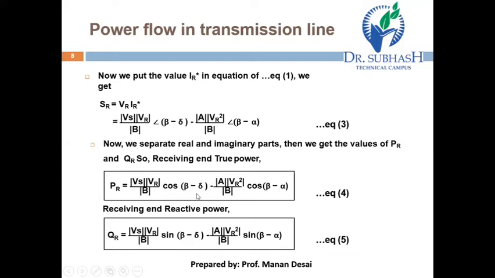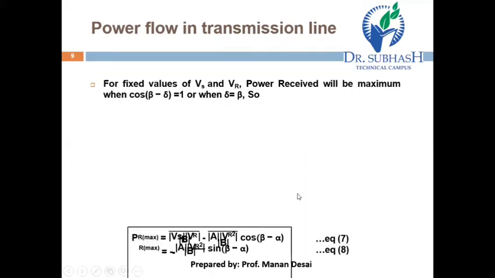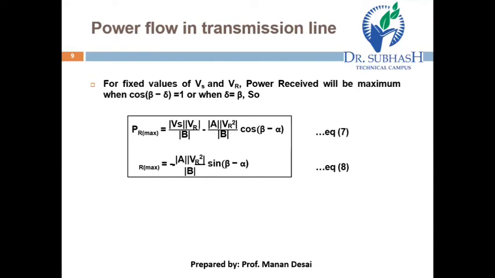If this is 1, then Vs VR upon B into 1 minus A VR square upon B cos(beta minus alpha) is our maximum power equation. See this. And the maximum reactive power is A VR square upon B sin(beta minus alpha).